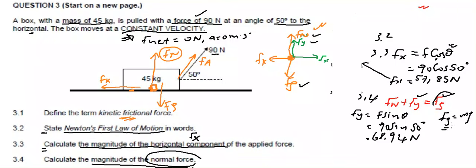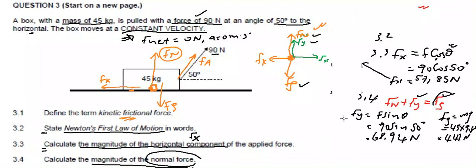The mass there is 45 times g, which is always 9.8. Then Fg is equal to, let's press the calculator, 45 times 9.8. The answer is 441 newtons. That is Fg.